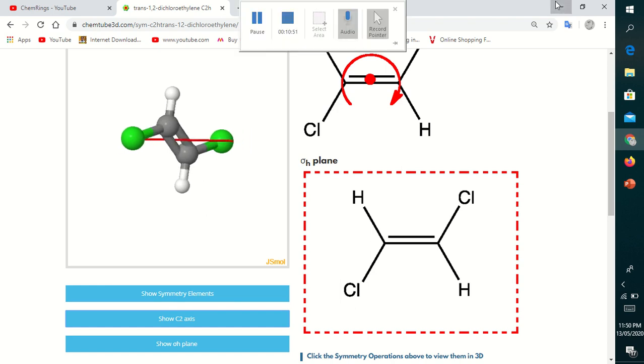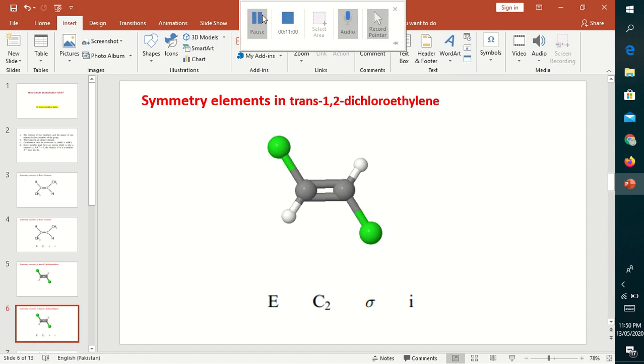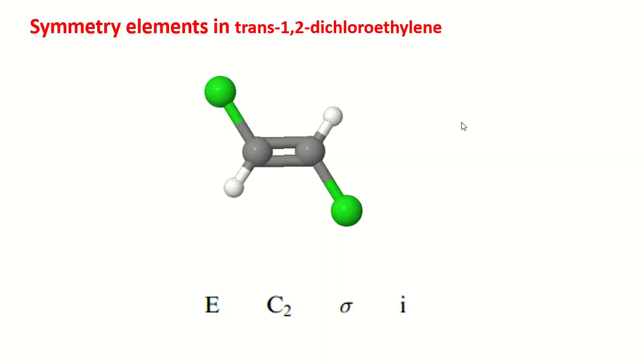Now this is all about the symmetry elements present in trans-1,2-dichloroethylene. So here is the complete set of symmetry elements and operations found in trans-1,2-dichloroethylene, and the same symmetry operations can also be found in trans-2-butene, the last example we have already discussed.